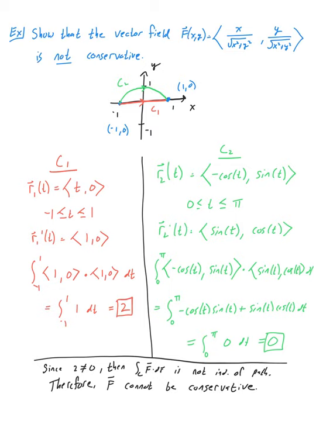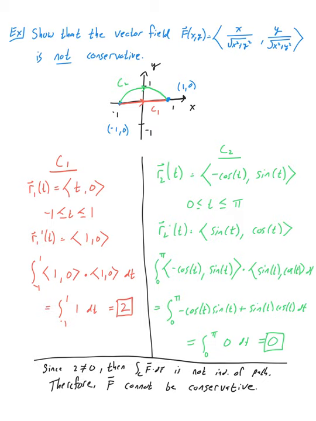So, something to check on your own. Normally we show this by showing that partial p partial y doesn't equal partial q partial x. Take a few minutes and try this out, and you'll see that in this case they actually are equal.